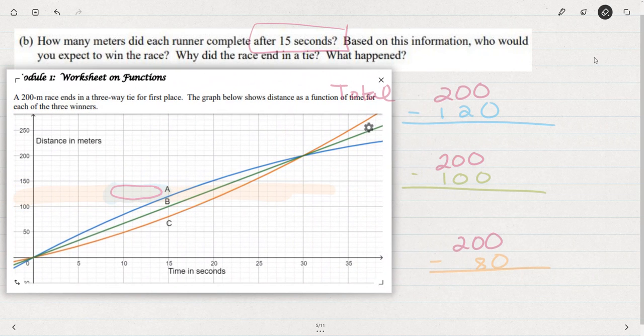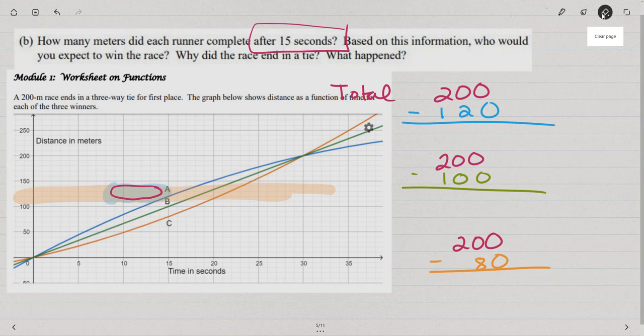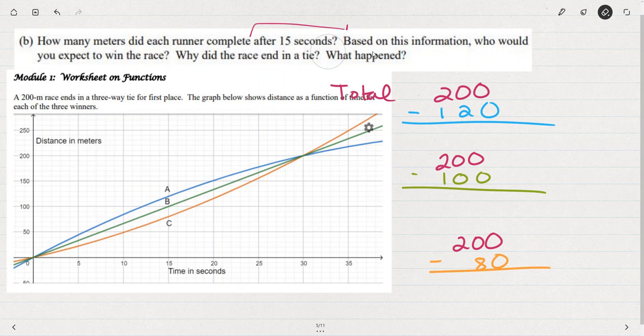Okay, now we're ready to go. So how many meters did they each go? And then based on this information, who would you expect to win? And then why did the race end in a tie?